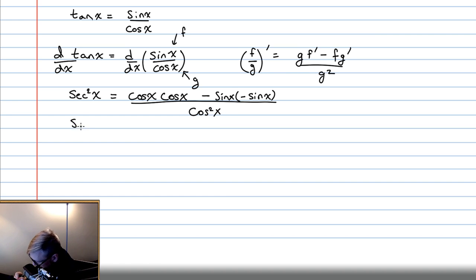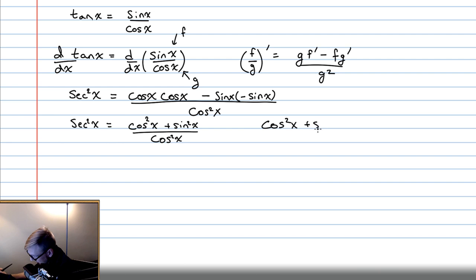Well, if you look, secant squared then equals cosine squared plus sine squared over cos squared. Funny enough, cosine squared plus sine squared equals 1.